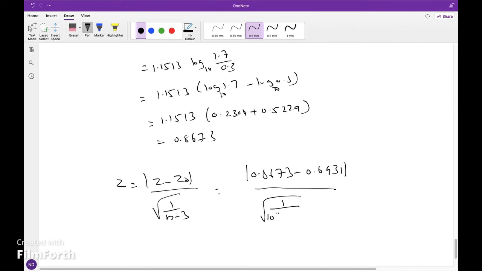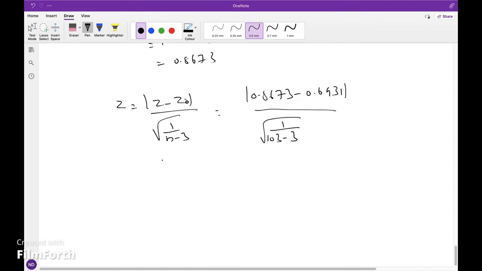N is 103, so n minus 3 is 100, and the square root of 100 is 10. So it is 0.8673 minus 0.6931 into 10. So actually this value is 1.742.